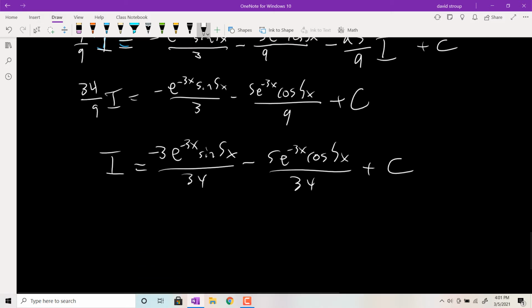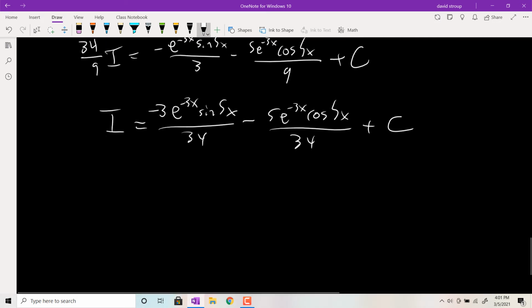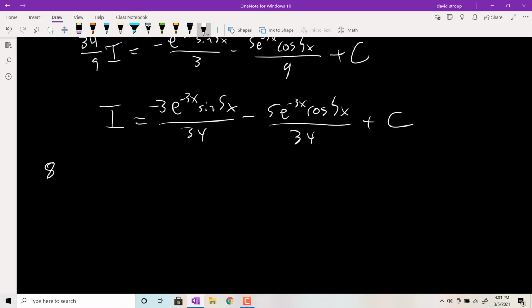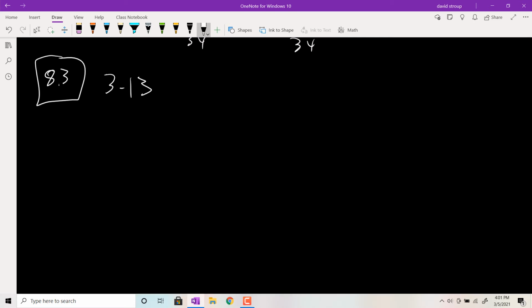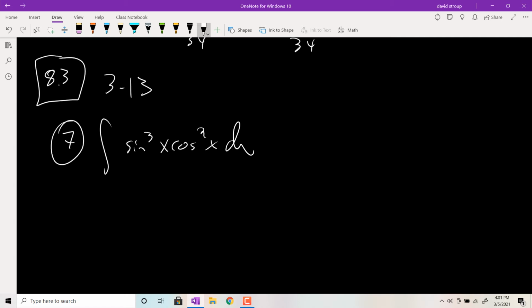All right, let's move on to 8.3, where we kind of gave you an overview of trigonometric integration. In 8.4, the trig subs kind of turn into these types of problems. So let's take a look. So number 7, integral of sine cubed x cosine squared x dx. So this is one of those ones where you kind of have to push back one factor.